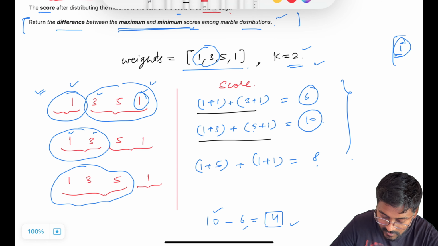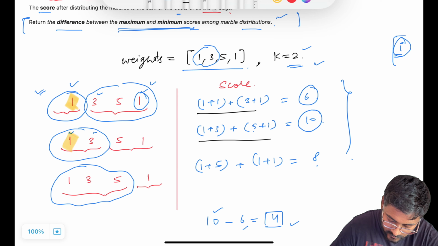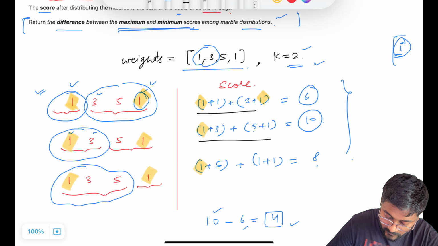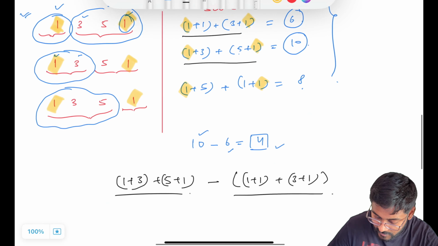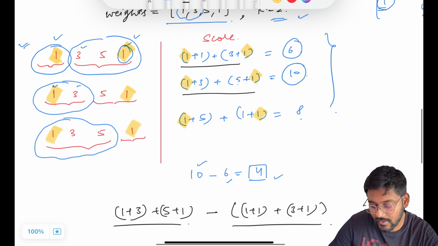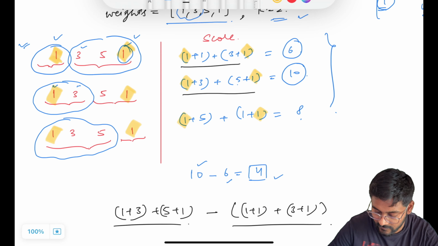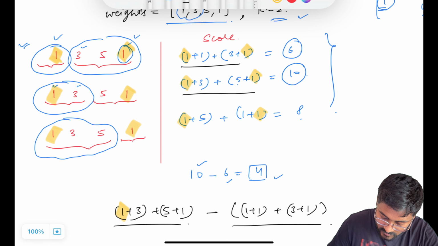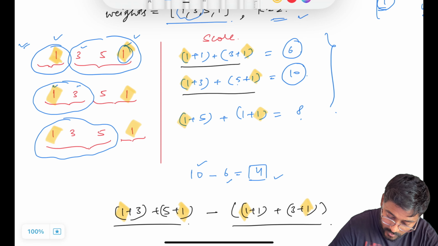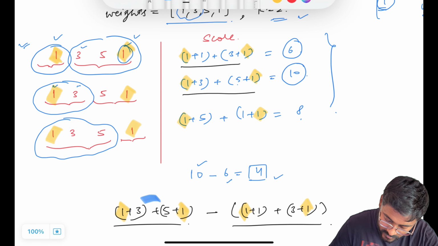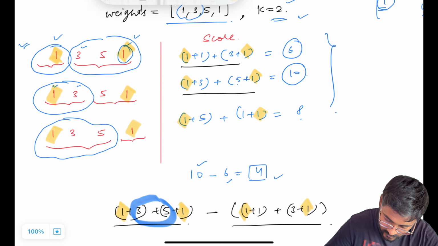It means that this value 1 will always be there, and the last marble score will also be there. And as ultimately we have to capture the difference, this one will be there, this one will be there, and what is the remaining value? Remaining value is 3 plus 5.